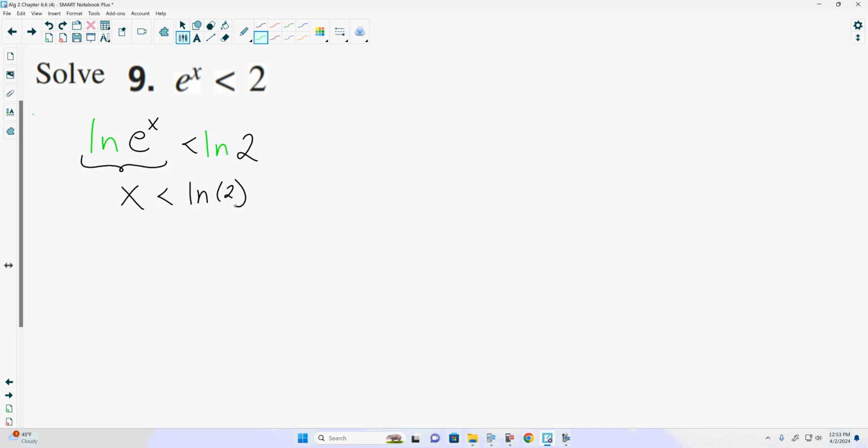Natural log of anything but e is not going to give us a nice number. Natural log of e is nice. It is 1, but anything else is not. So here x is less than the natural log of 2. That's it. The natural log of 2 is a number, but we're not going to focus on trying to do that. I just want us to solve it for x. Questions on this here?